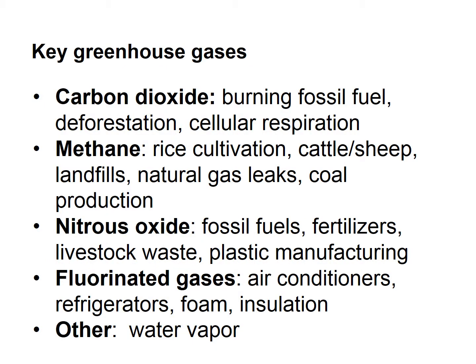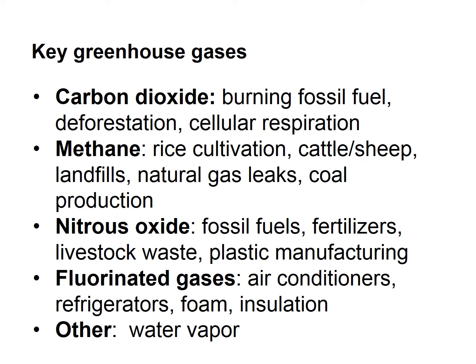Our key greenhouse gases, and we've talked, I think, about most of these, are carbon dioxide, so mainly from burning fossil fuel, but don't forget about these two effects. So cellular respiration and photosynthesis are going to affect overall CO2 levels. So when we deforest, we decrease photosynthesis, we increase levels in the atmosphere.